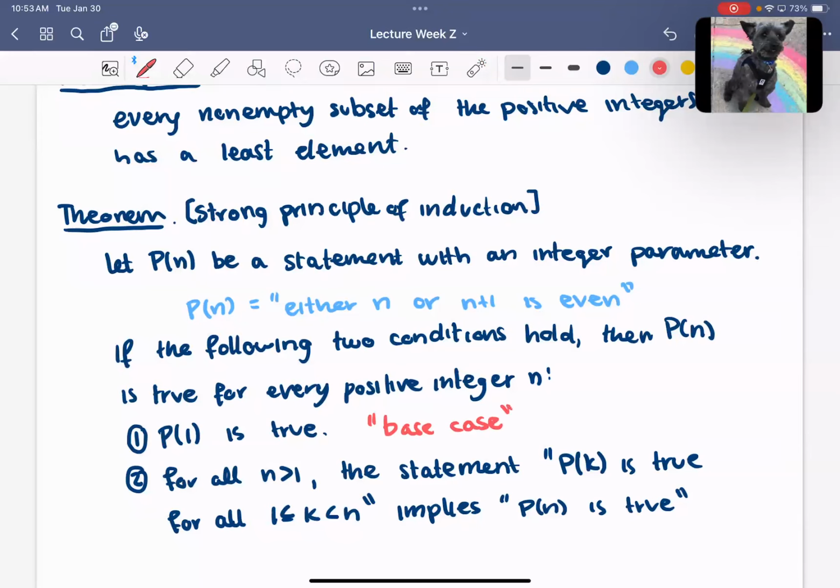And then for part 2, you would assume this red underlined statement. This is called the inductive assumption. You would assume this and then use that assumption to prove that P of n is true. Okay, and then step 2 is called the inductive step.